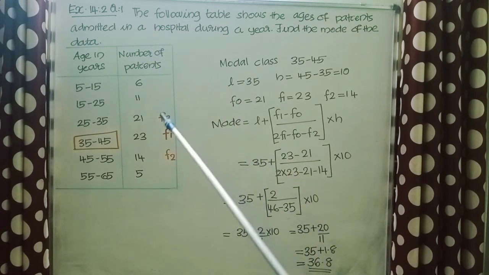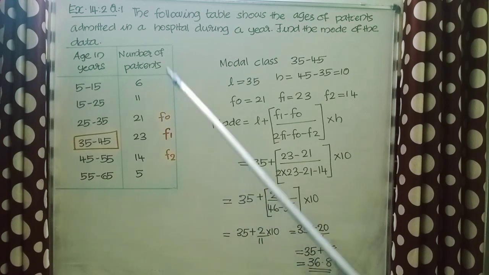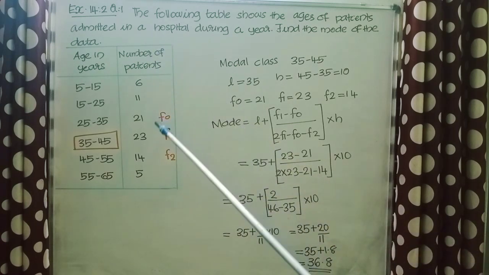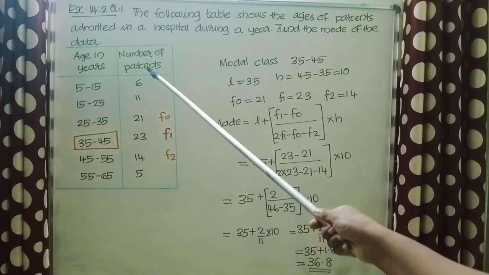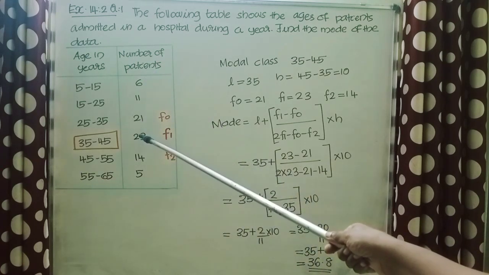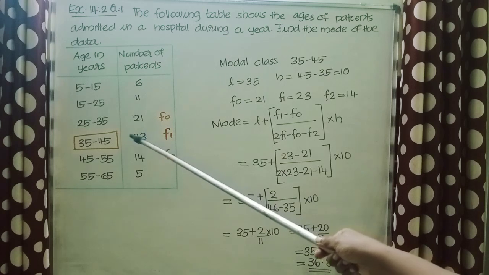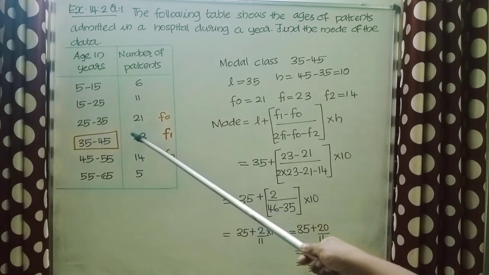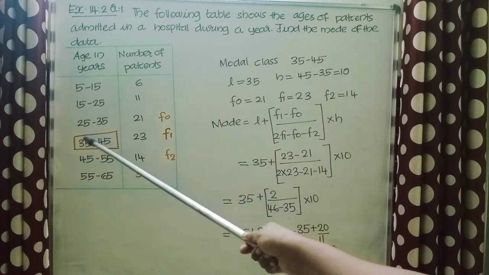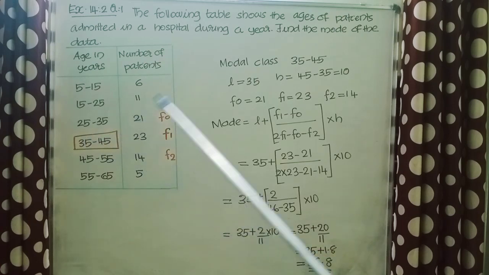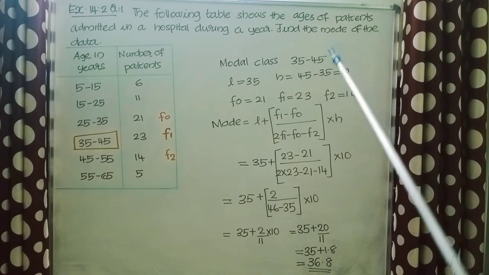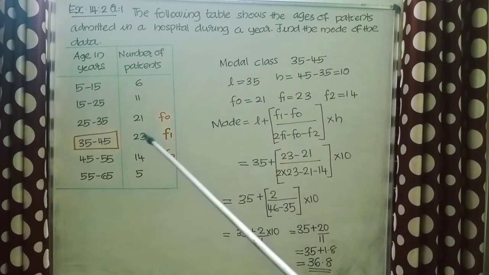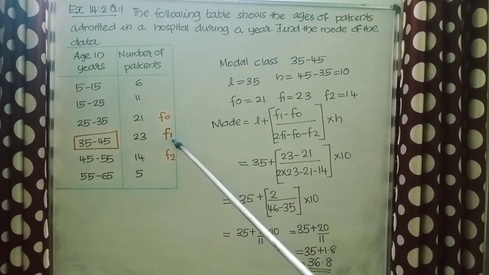First, let us find the modal class. Modal class is the class with the highest frequency. Among these frequencies, 23 is the highest frequency. So, the class corresponding to 23 is 35 to 45. So, our modal class is 35 to 45. So, 23 we can mark as F1.